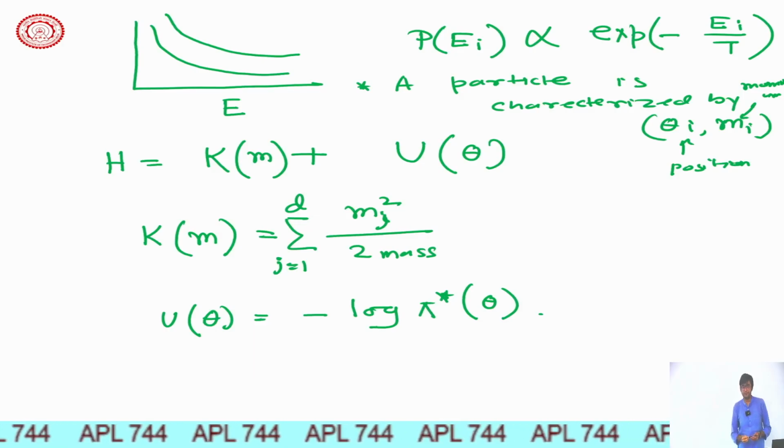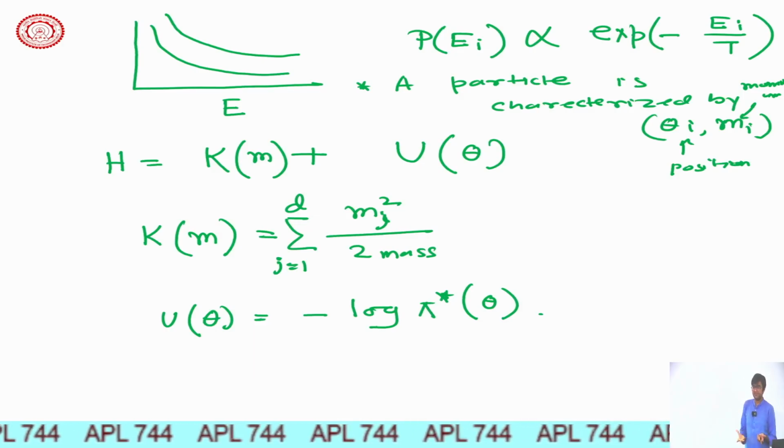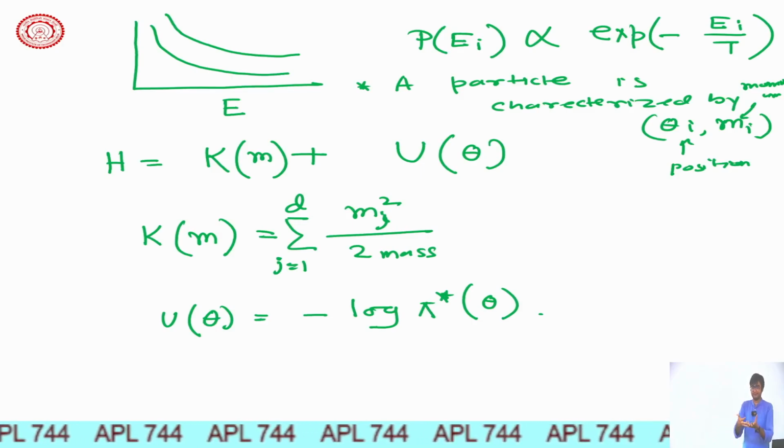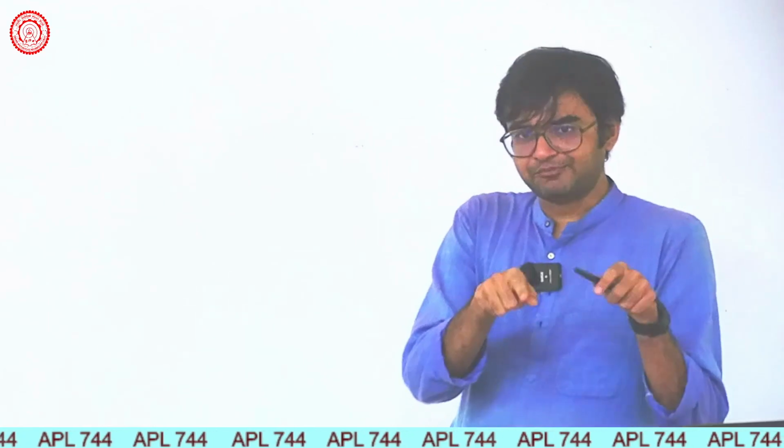There you assume that along with theta there is m, and you write the joint distribution. If you write the joint distribution of theta and m, you get probability of theta multiplied by probability of m given theta. Probability of theta is that U, the log of that, and m given theta is your modeling choice, which you model yourself.